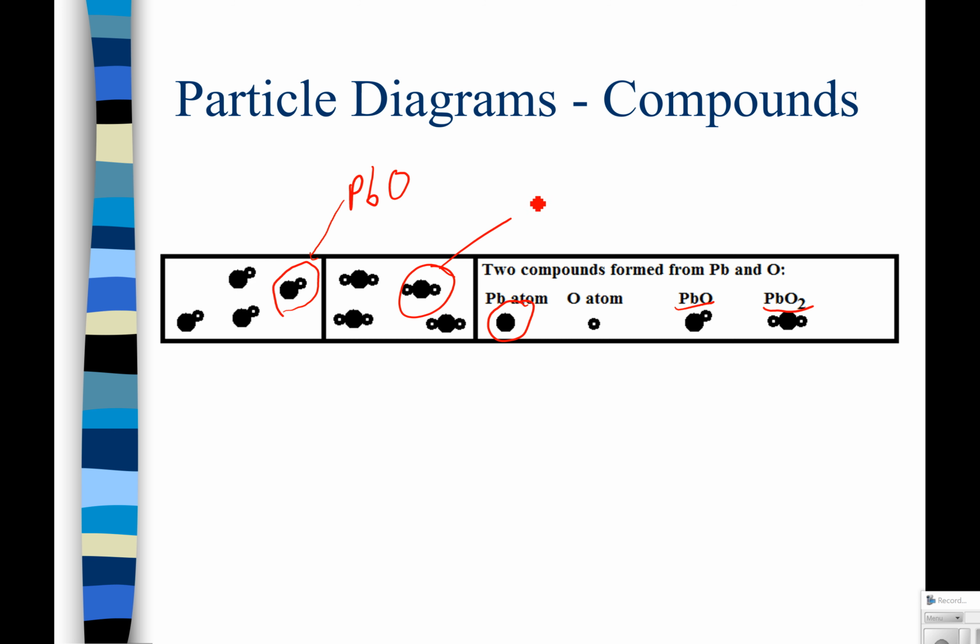Over here, we have, again, still one lead, but now we have two oxygens attached to each lead. And each of these are the same. So in that instance, this is a pure substance. It's all PbO2. There's nothing else inside that container. On the left side, it's all PbO, lead oxide.